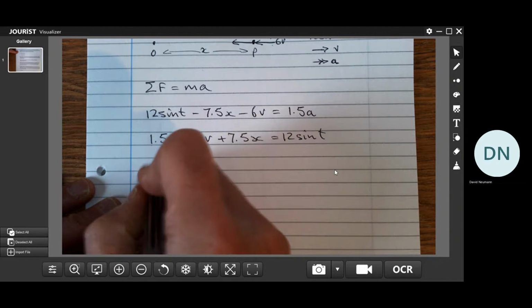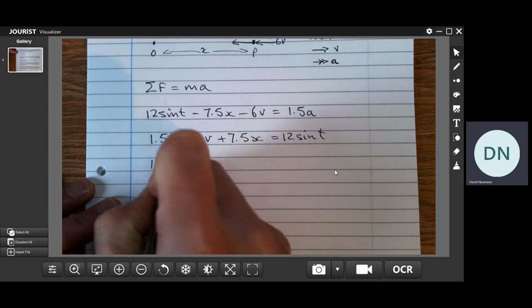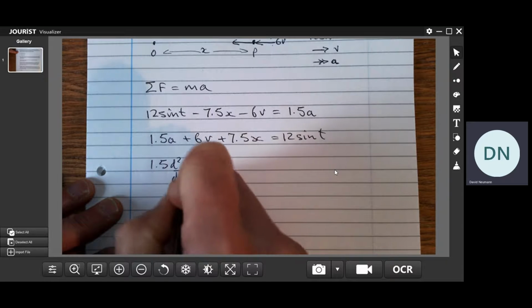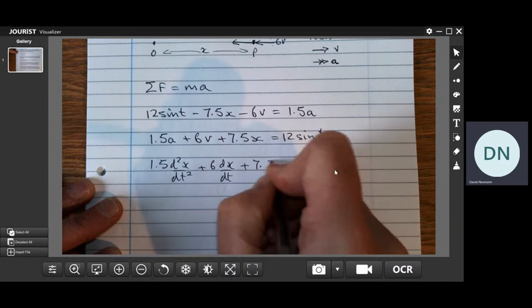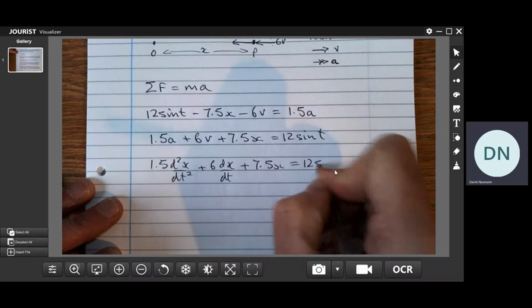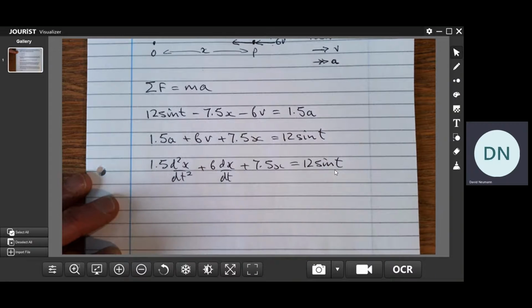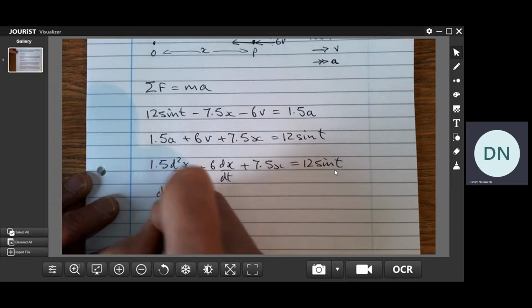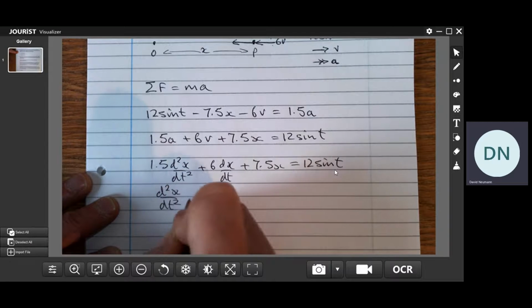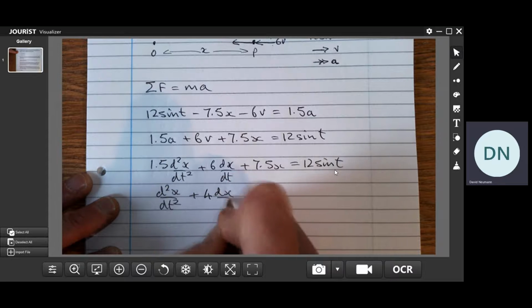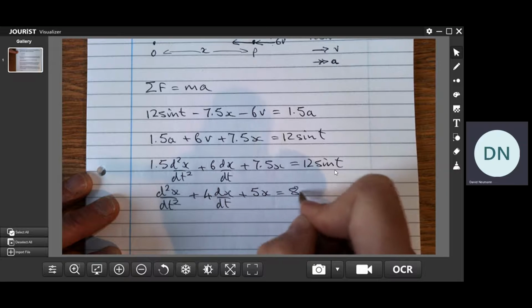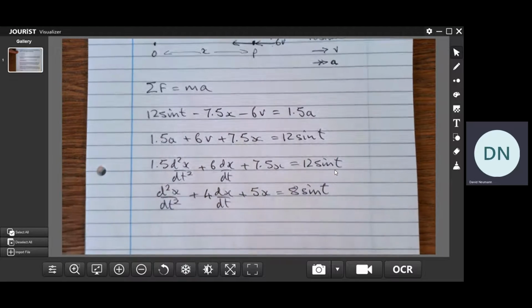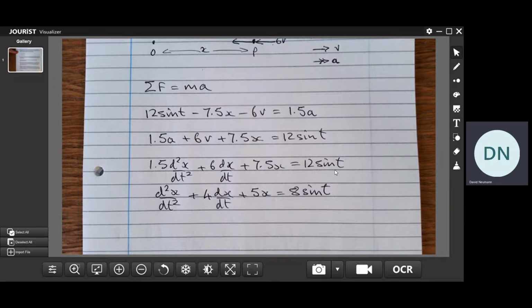So 1.5 d2x by dt squared plus 6 dx by dt plus 7.5x is equal to 12 sin t. Divide through by 1.5 and we get d2x by dt squared plus 4 dx by dt plus 5x is equal to 8 sin t, and that is indeed the differential equation that we're asked to show.